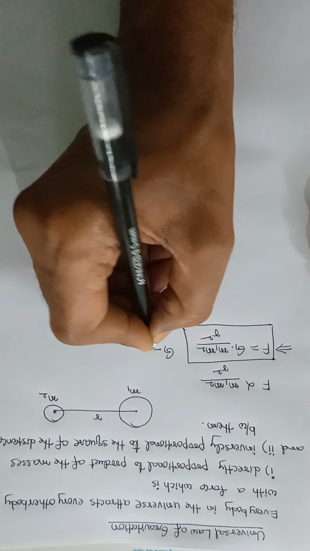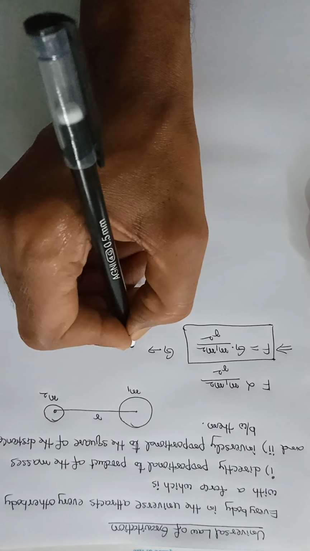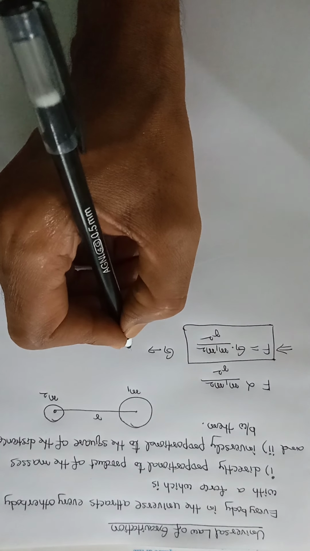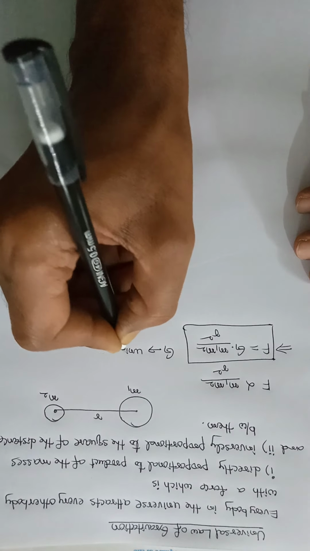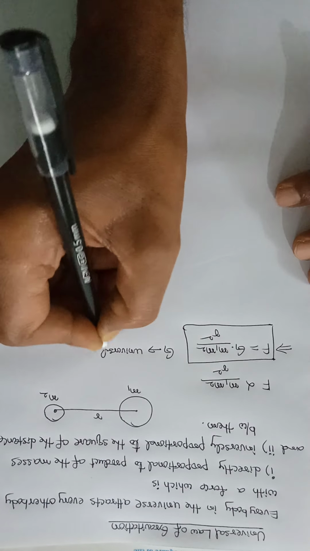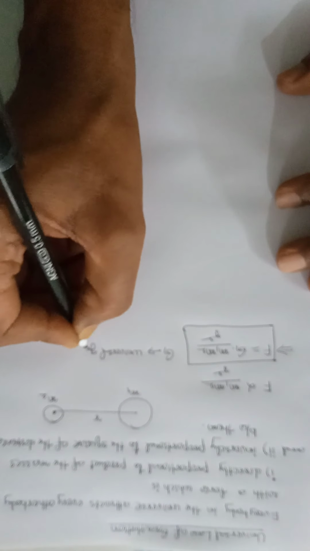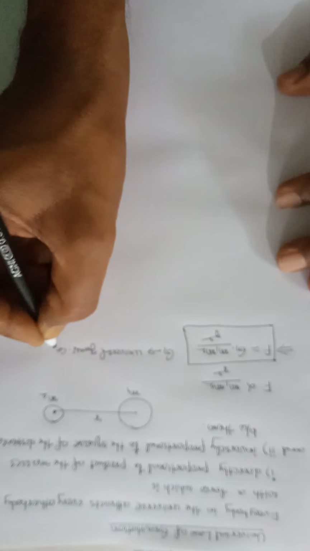where G is called the universal gravitational constant.